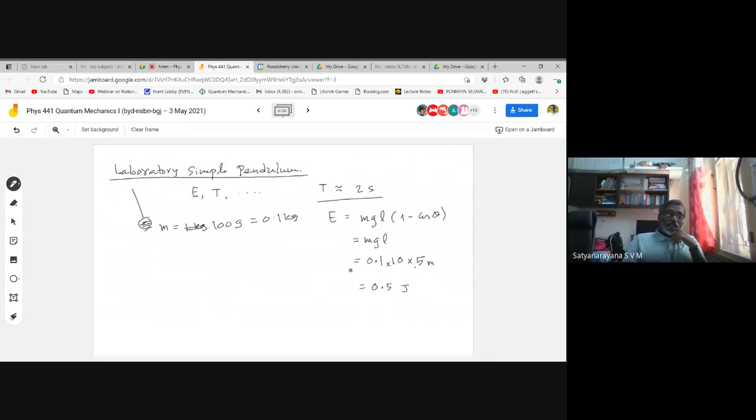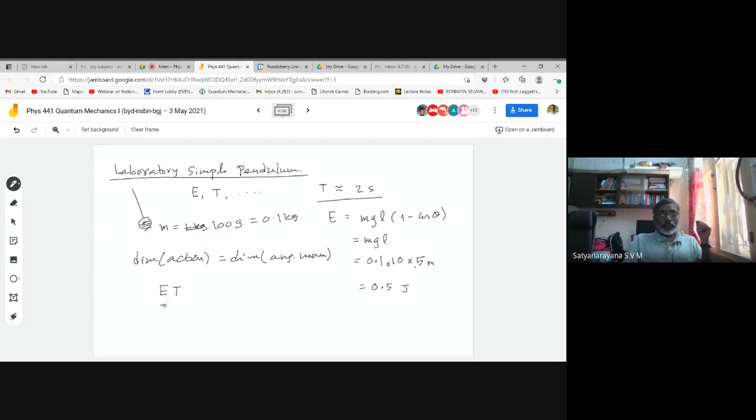Now you can see that dimensionally, the dimension of action is equal to the dimension of angular momentum. So I can use this E and T and multiply them.